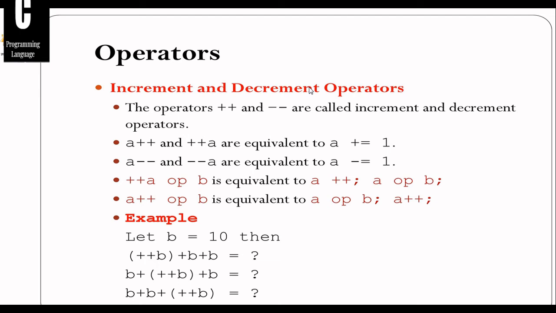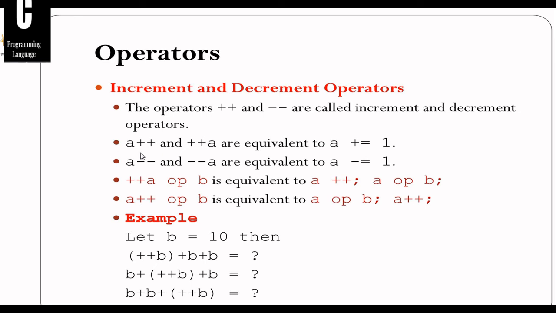And also we are using operators like the increment operator and decrement operator. Mostly we use these in loops. We will see the types of loops in the next chapter. Plus plus or minus minus means you can increment or decrement the value with the help of a single variable.